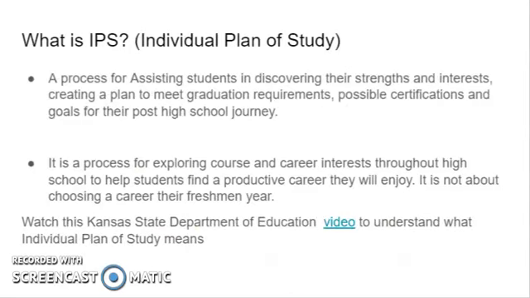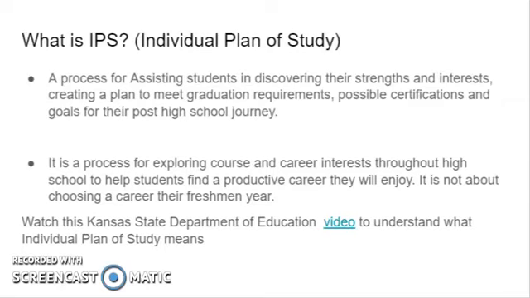So that first one, what is the IPS, or the Individual Plan of Study? Broadly speaking, it's a process for assessing students in discovering their strengths and interests, creating a plan to meet graduation requirements, as well as possible certifications and goals for their post-high school journey. It's a process because it goes through all 4 years, exploring both courses students choose, and also career interests throughout high school to help students find a productive career that they will enjoy.